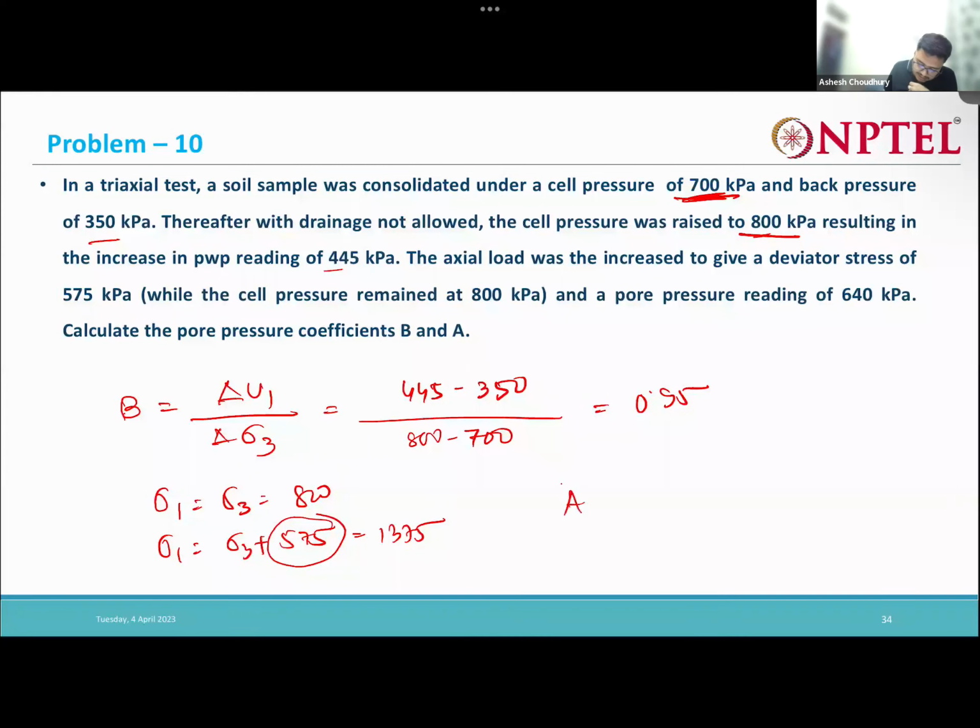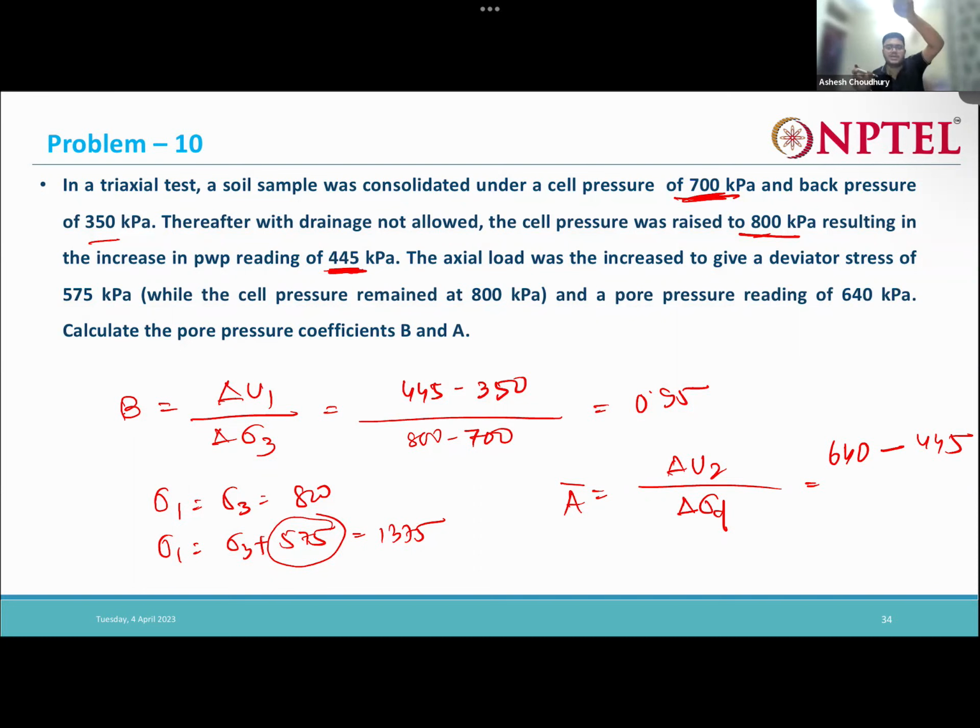Right. So what is A bar? A bar is delta U2 by delta sigma d. Delta U2 is 640 minus 445. 445 was the pore pressure at the end of my consolidation stage, when I increased the cell pressure to 800.